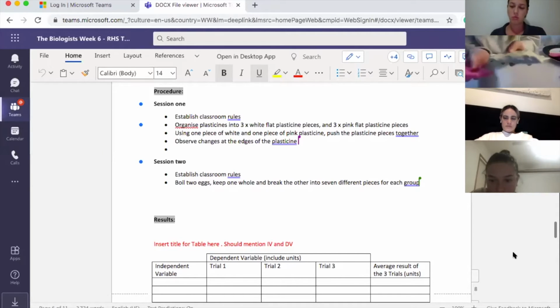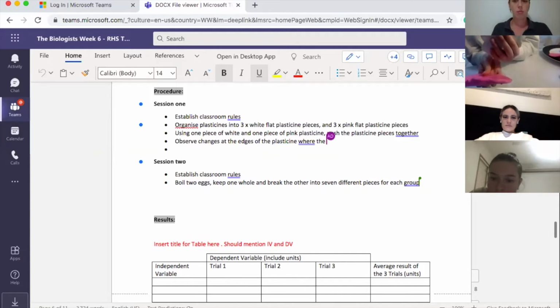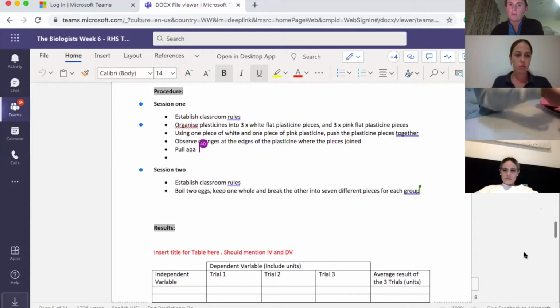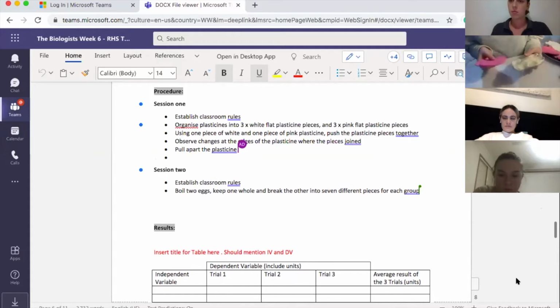Oh, it kind of. I mean, no white really went on the pink. And then I'll do the next set just so the colours. Yeah, and slide them. I don't know, it kind of just tears it.